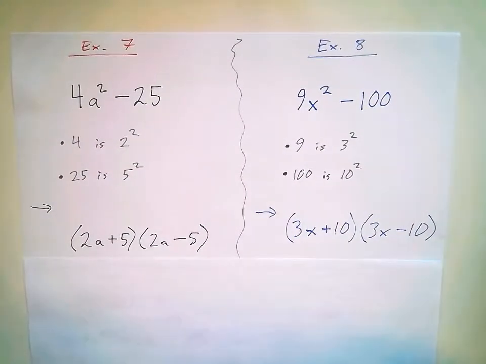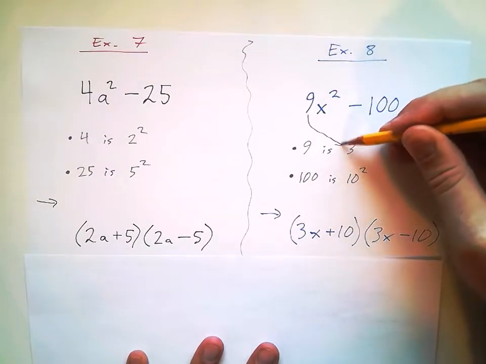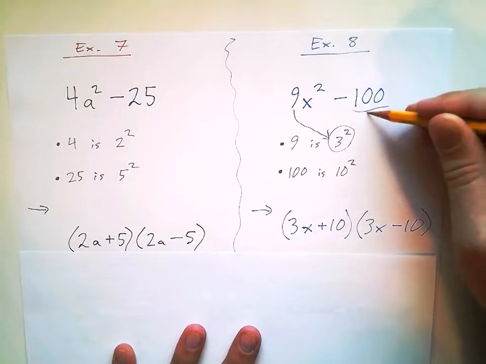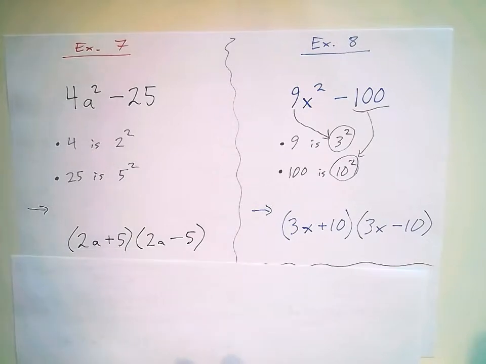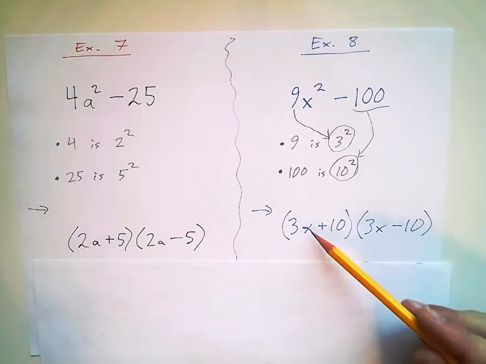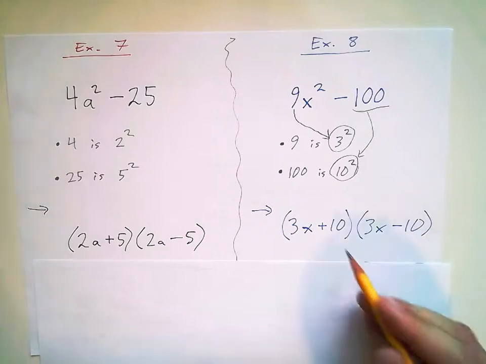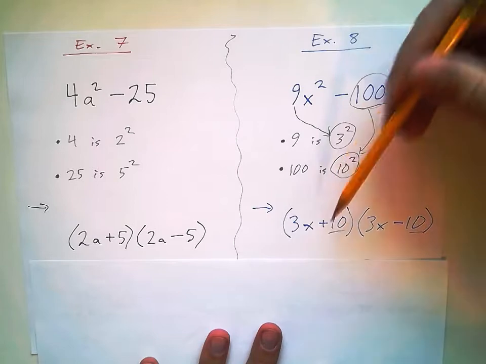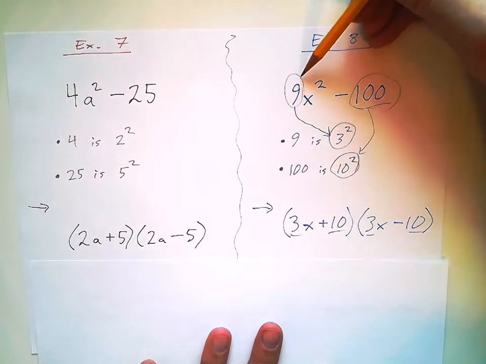Same thing on number 8. You say 9, that's 3 squared. 100, that's 10 squared. So I'm going to have 3x plus 10 times 3x minus 10. So the last number comes from this, and the number with the x comes from the number with the x.